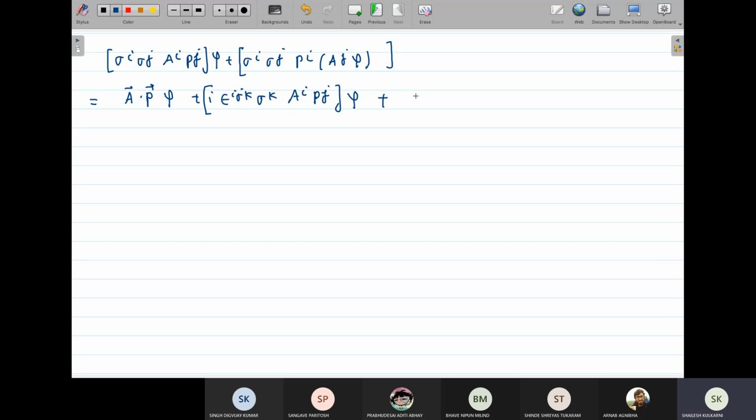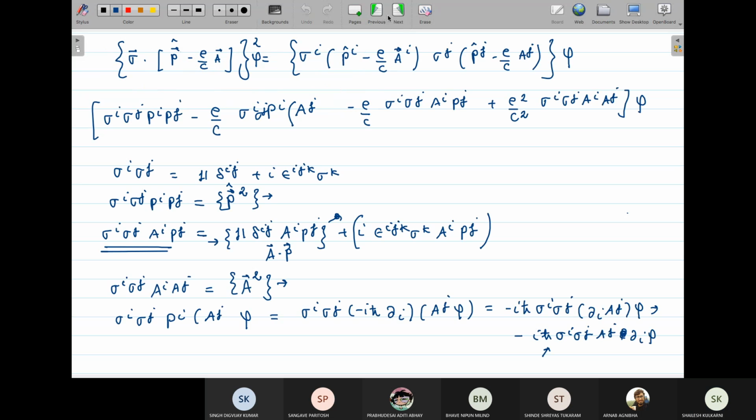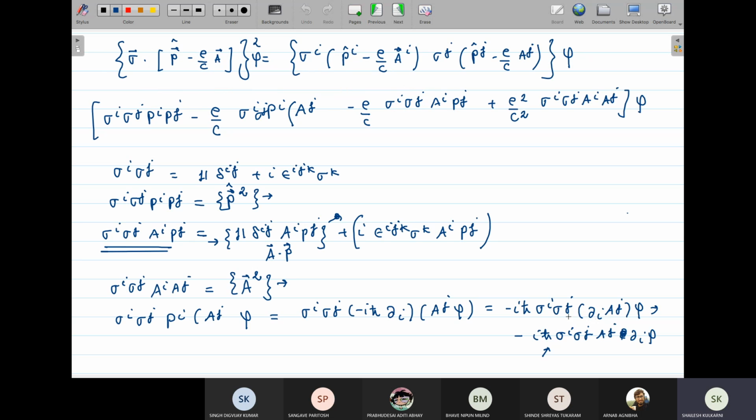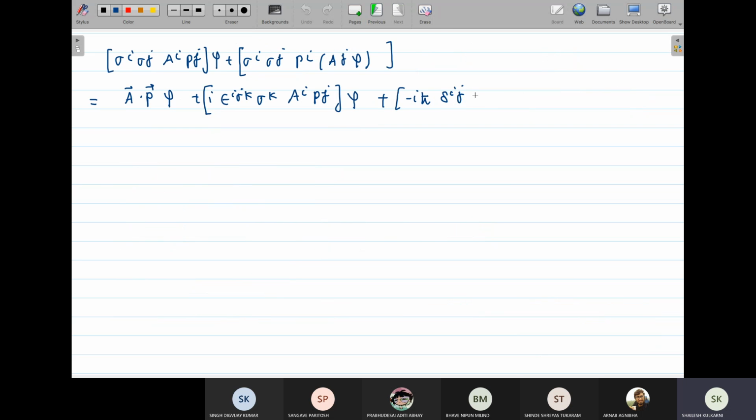This term is sigma i, sigma j. If I use delta ij and epsilon ijk, this will become minus i h cross delta ij del i aj acting on phi.